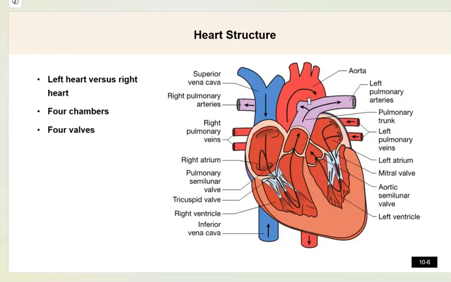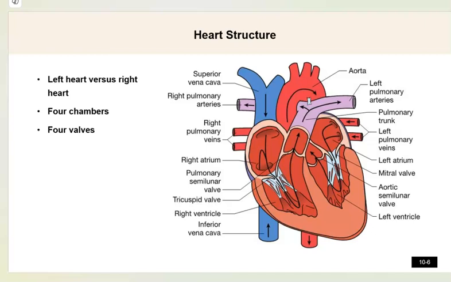To review the heart structure and the vasculature put together, how does the blood flow? When the blood flows into the right atrium, it will flow through the tricuspid valve into the right ventricle, through the pulmonary valve to the lungs, where we exchange oxygen and gas.